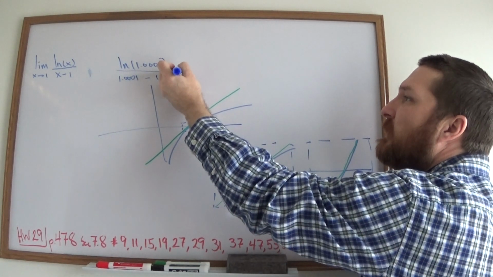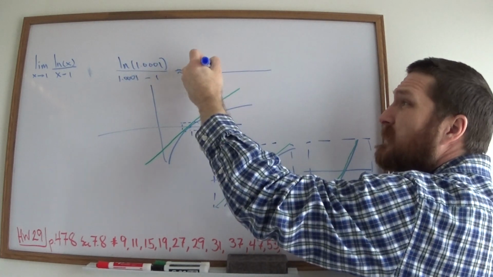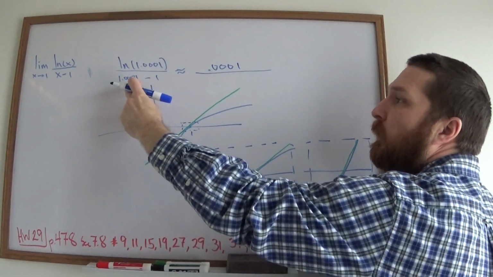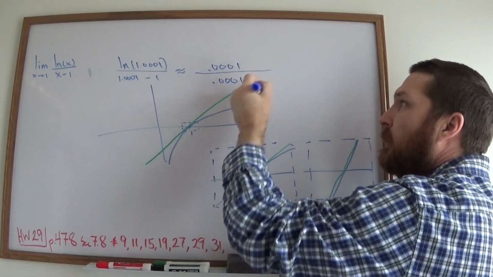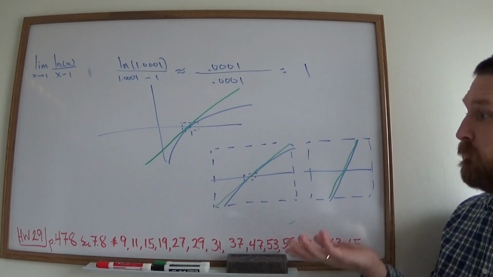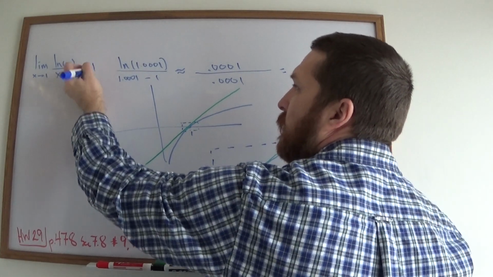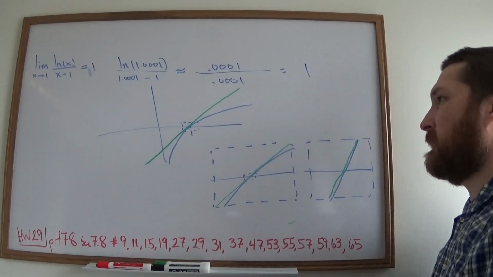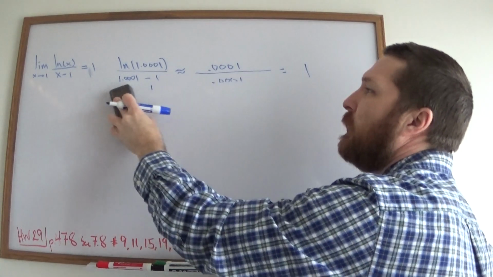You could plug that into your calculator, and you would get that it's approximately 0.0001, and 1.0001 minus 1 is 0.0001, and we can see that this does go to about 1. Okay? And so we would guess this looks like 1. Does that convince you that the limit of this is probably 1? Yeah. Okay.